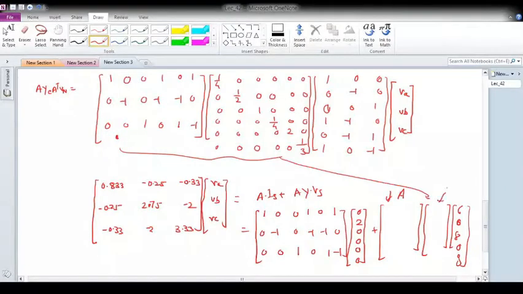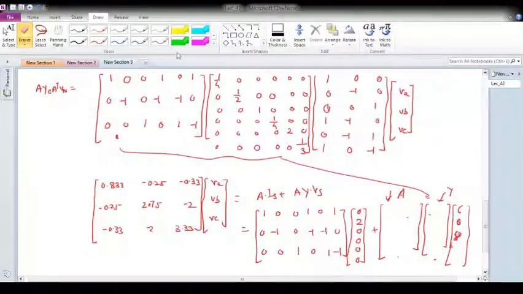Okay, this is your Y matrix. You multiply this, some matrix, you will get it, and multiply with the voltage source vector, which was 6 0 8 0 0 0.